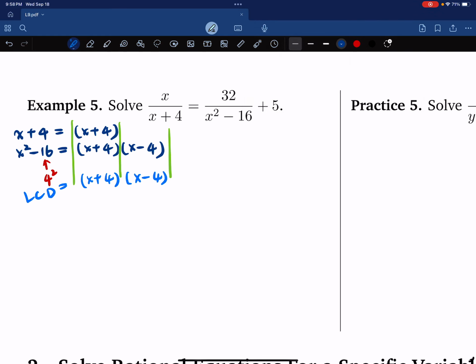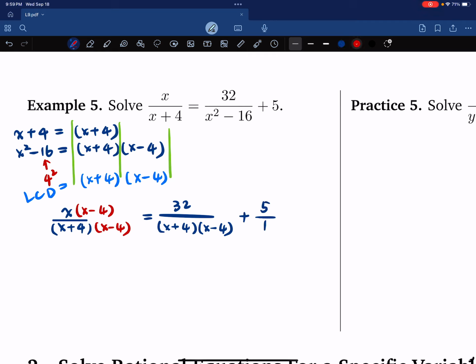Let's do the transformation. x over x plus 4 is missing x minus 4. I multiply both the top and the bottom by x minus 4. Equals 32 over, this is our LCD, so we don't need to do anything other than just change it to the factor form. And then plus 5 over 1. This one is missing both of the factors, so we need to multiply both the top and the bottom by the LCD itself.